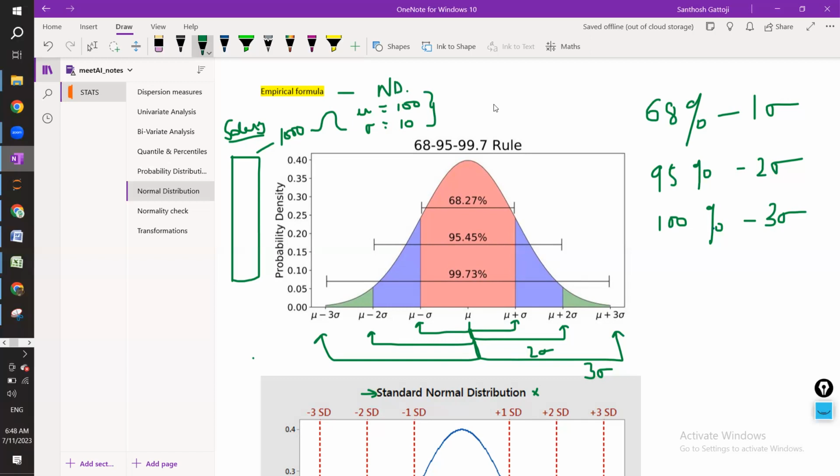Mu minus rho to mu plus rho. Correct. So what is mu minus rho and what will be mu plus rho? 90 to 110. Correct. So mu minus rho to mu plus rho is 90 to 110. This is one standard deviation.